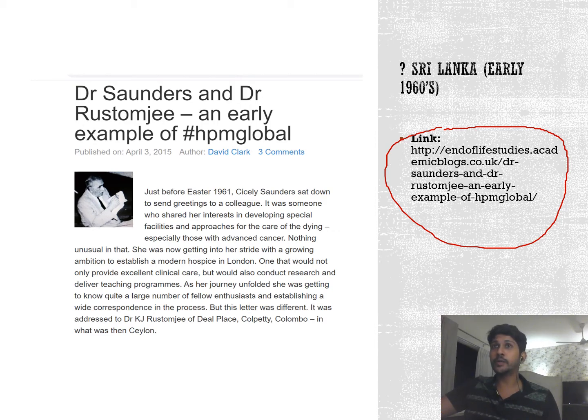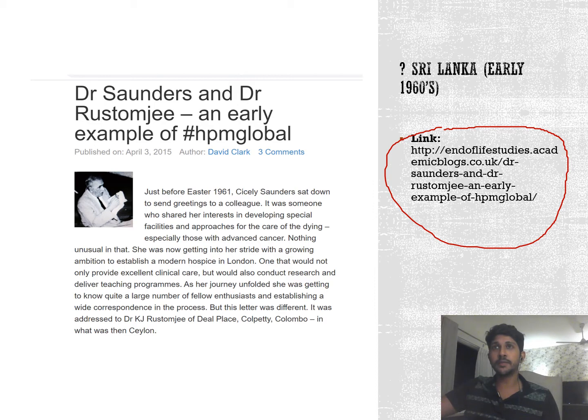So there was one Dr. Rustamji from Sri Lanka who was actually a pen pal of Cicely Mary Saunders, and they corresponded with each other through mail, and he had actually worked in the early 1960s in developing palliative care in Sri Lanka.